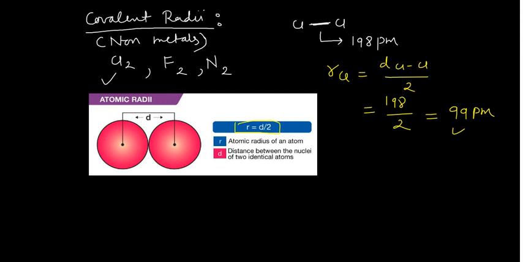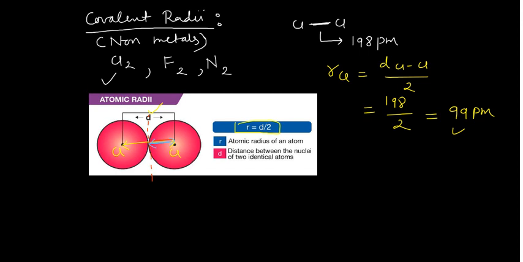See why this happens: this is one chlorine, this is another chlorine, and we cannot isolate a single chlorine, so we take this molecule. The distance from one nucleus to the other nucleus is the total bond length, and when we divide this total bond length by 2, if we bisect it in that manner, this particular single distance is known as the covalent radii.